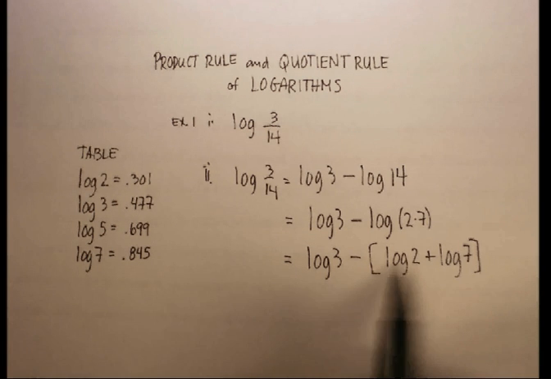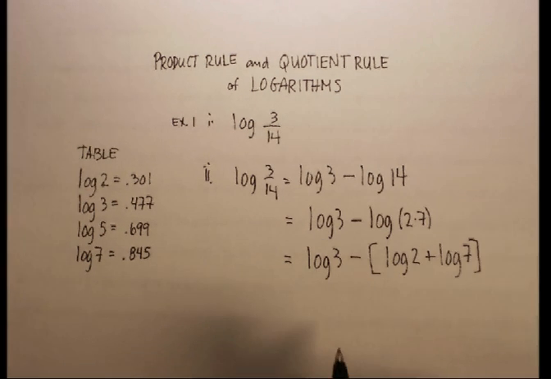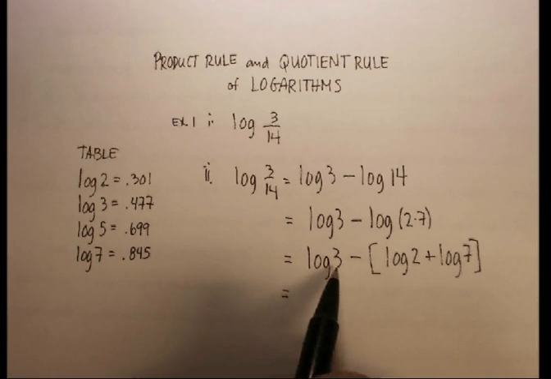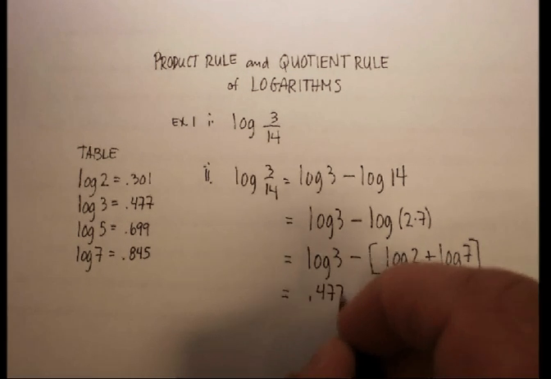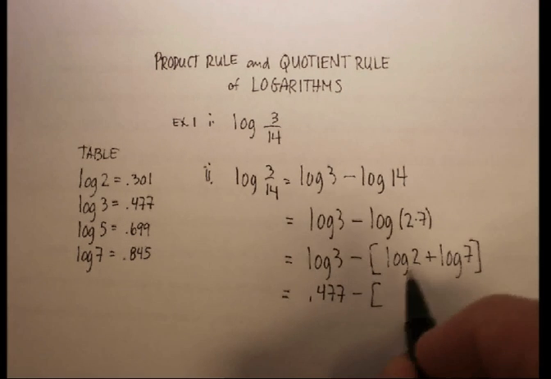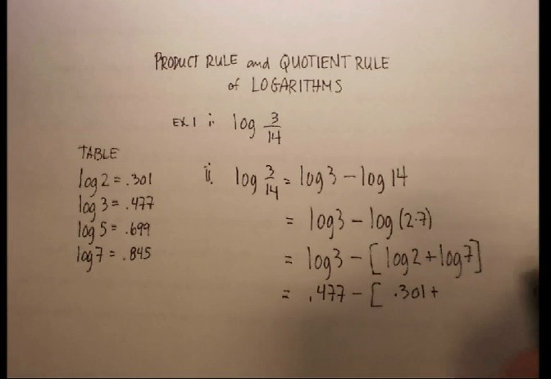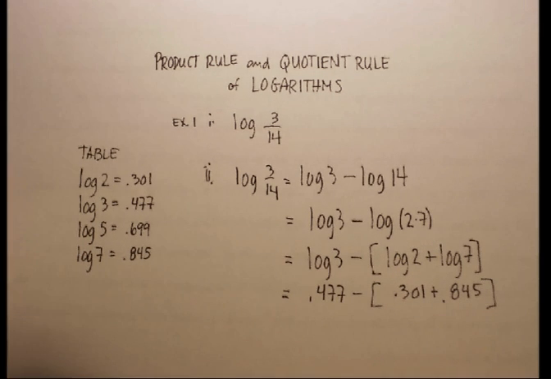And notice that I put parentheses around there because I could distribute the negative if I needed to. But I'm not going to need to do that, and I'll show you why. I already know what log base 10 of 3 is according to my chart. It's 0.477. I know that in my parentheses, log 2 is actually just 0.301. Log 7 is 0.845. And I don't need to distribute that because I can do what's inside the parentheses first.